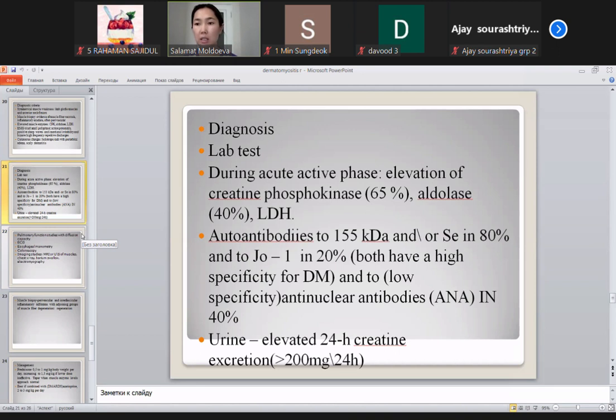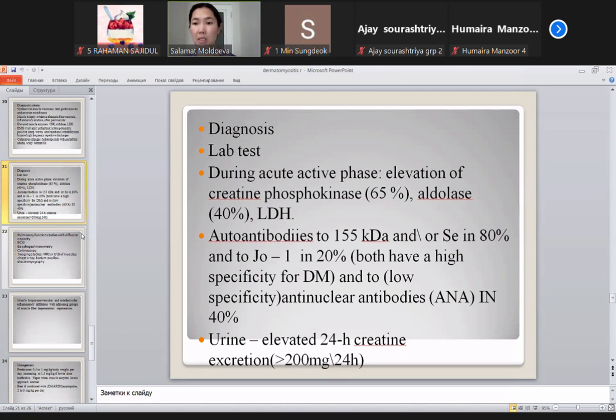Usual routine tests: CBC, common blood analysis, common urine, inflammation biomarkers, and again some specific lab tests like antibodies or something else. In this disease there will be some other specific tests.